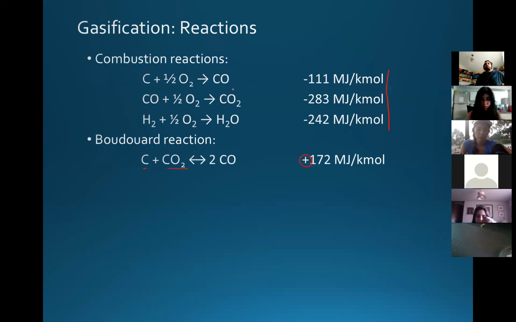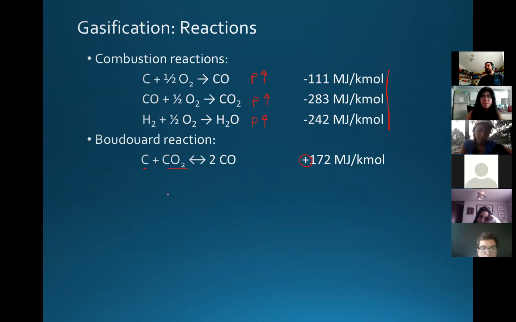Okay, so a couple of things about the combustion reactions. If you pay attention to all the stoichiometric relations, for all three combustion reactions, if we want to shift the equilibrium to the right, we need high pressure, right? So we need high pressure because we have fewer moles of gas in the products than in the reactants. In most of them we have 1.5 moles of gas on one side and 1 mole of gas on the other.